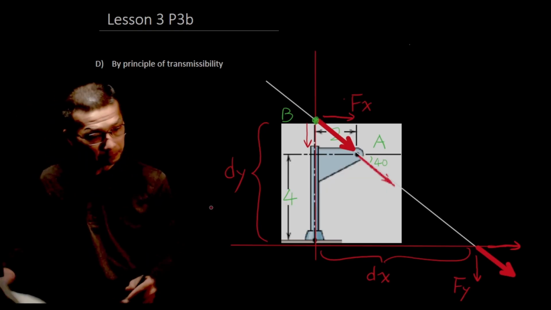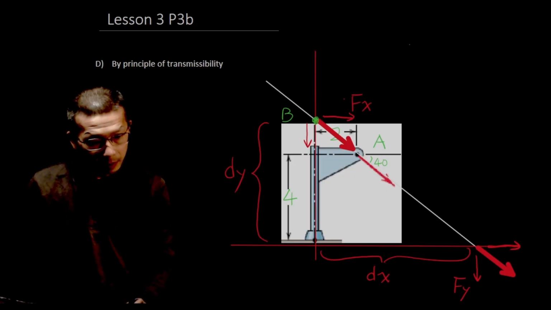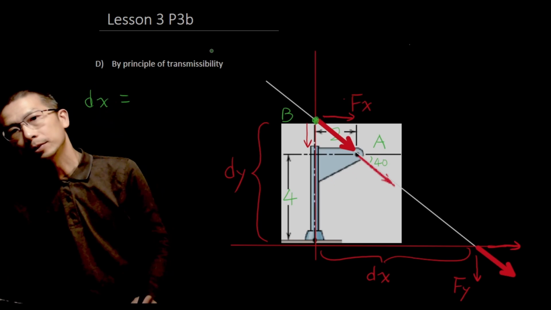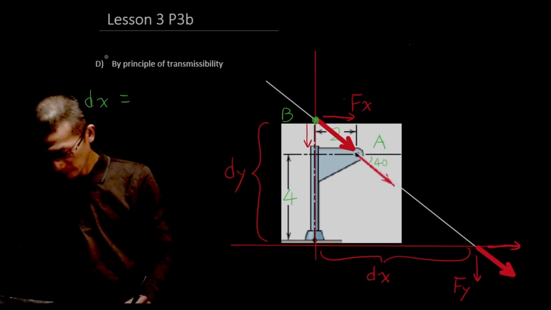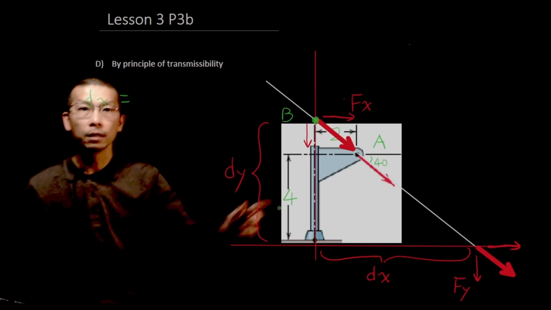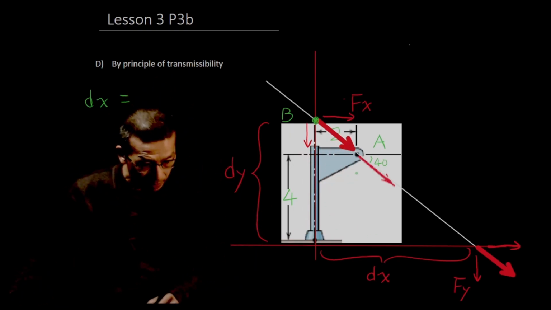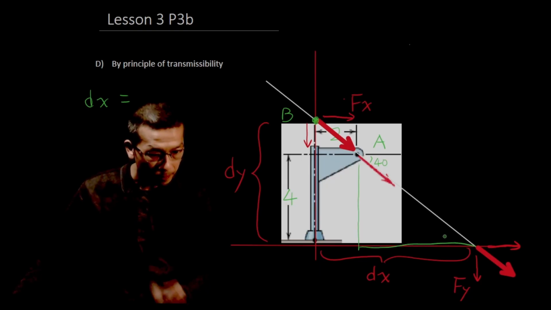So my dx is equal to, dx is 2, this is already given, plus what would be the distance from here to here?